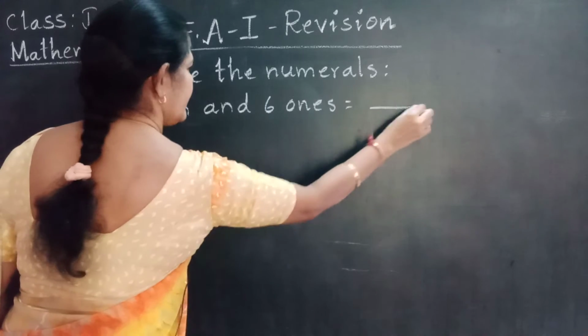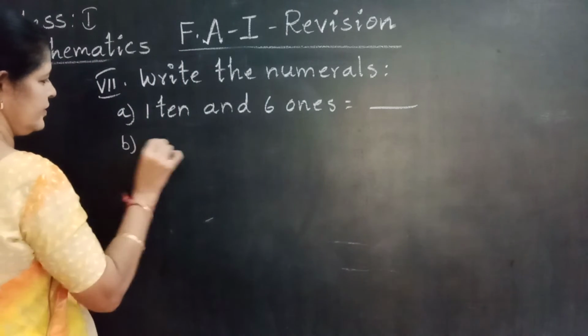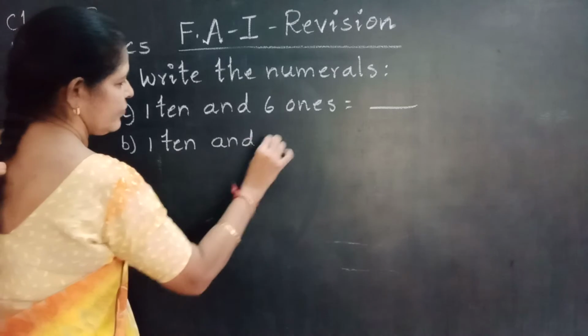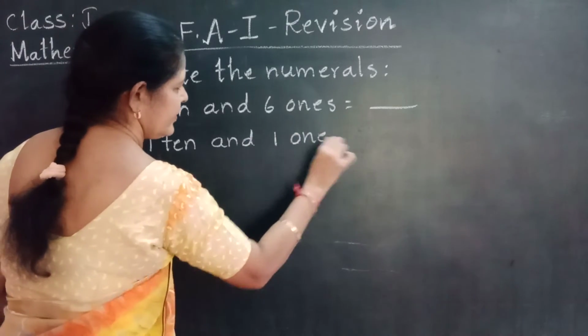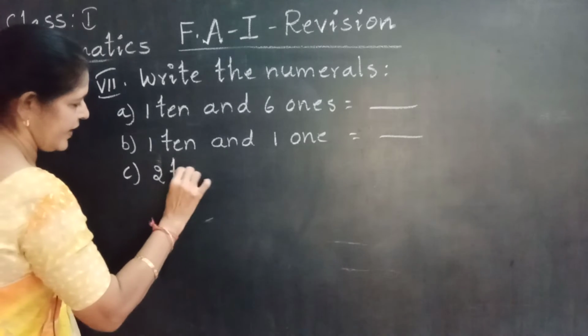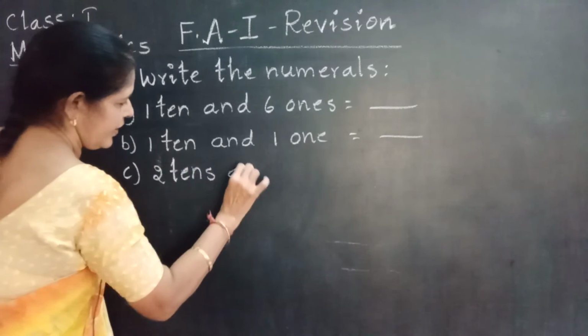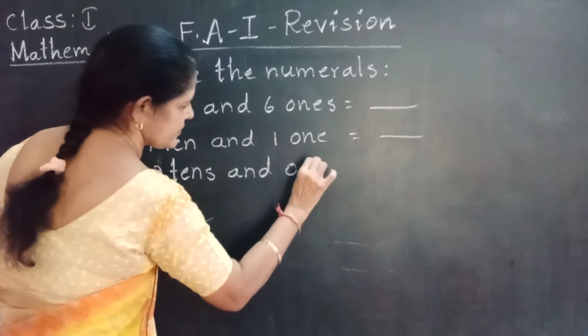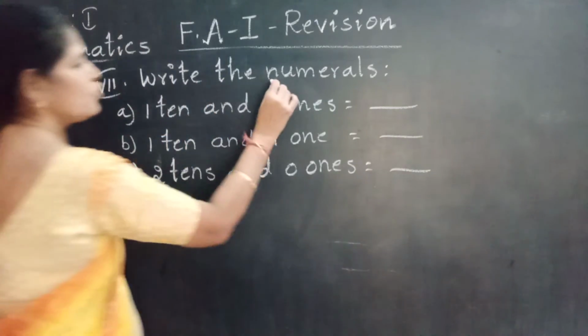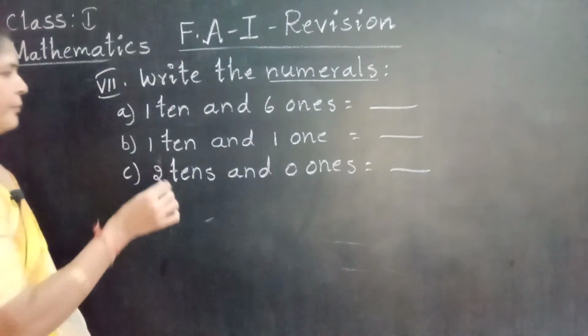What is the number you can write here? Another one. 1 ten and 1 one. Next one. 2 tens and 0 ones. What is the number you should write? Come on. Numeral means number.